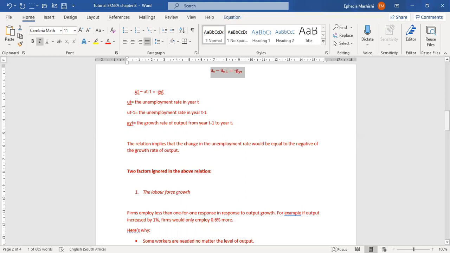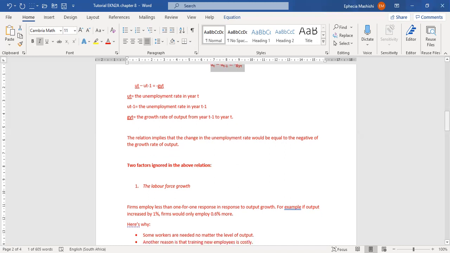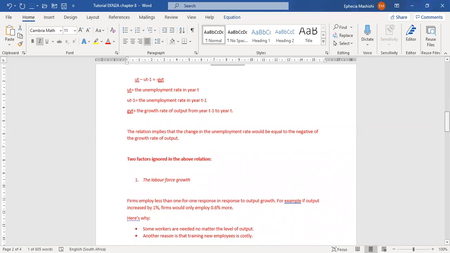Some workers are needed no matter the level of output, like the accounting department. The same number of workers are needed despite the output growth, right? And then the second one is employing new people comes with a cost. So getting new employees and training new employees is costly.